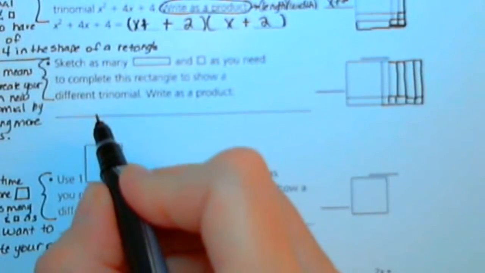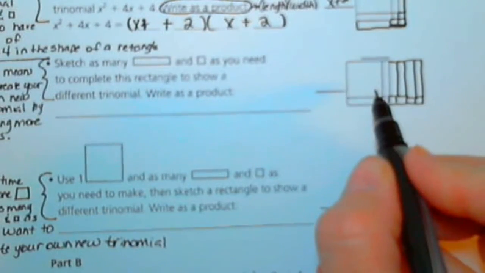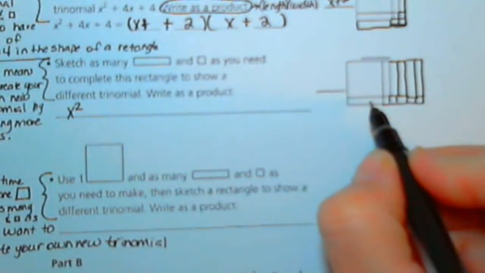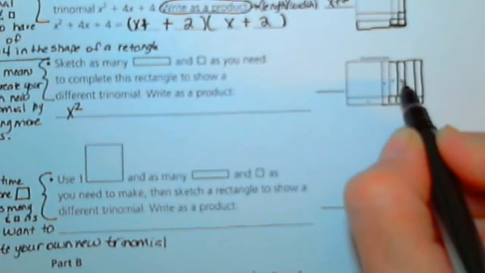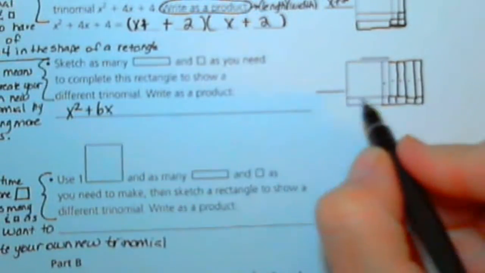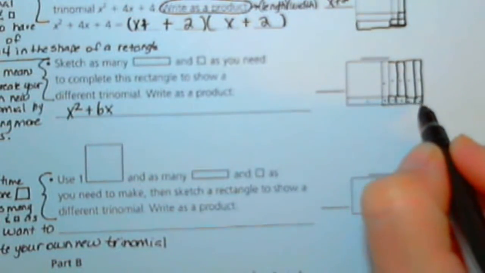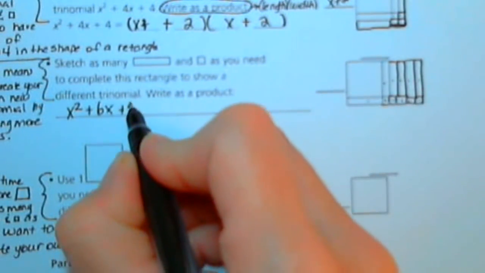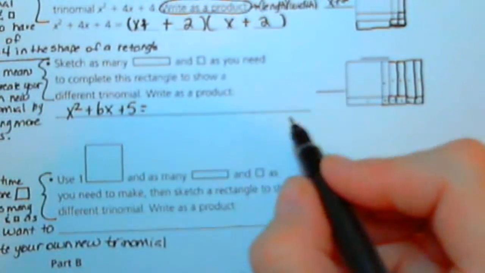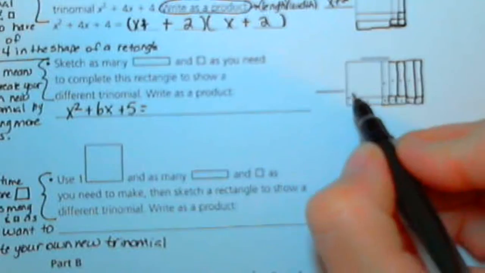Let's first of all write what this guy is as a trinomial. He has an x squared. He has 1, 2, 3, 4, 5, 6 x's. And he has 1, 2, 3, 4, 5 guys down there. That is the trinomial. Let's write as a product. Write as a product means length times width.